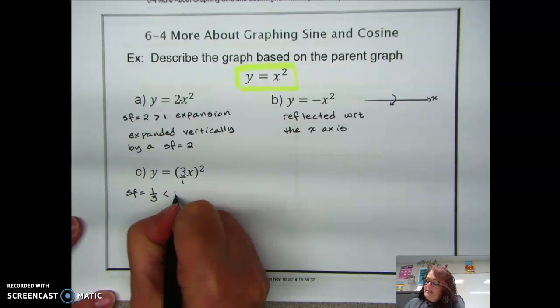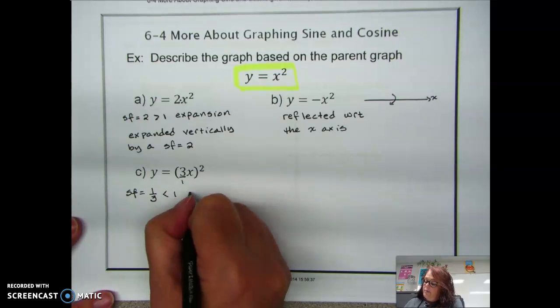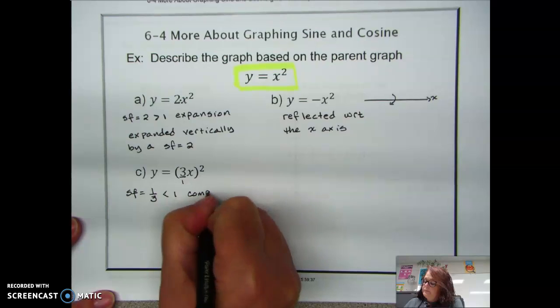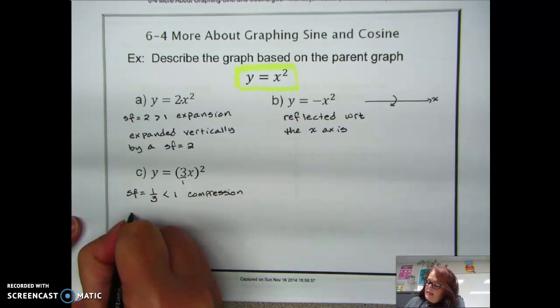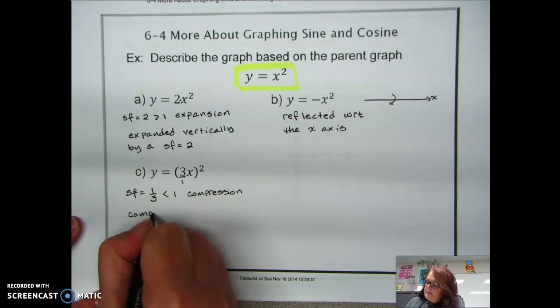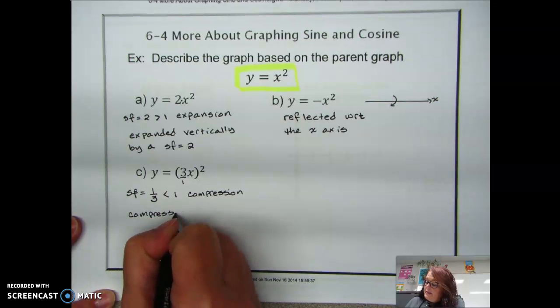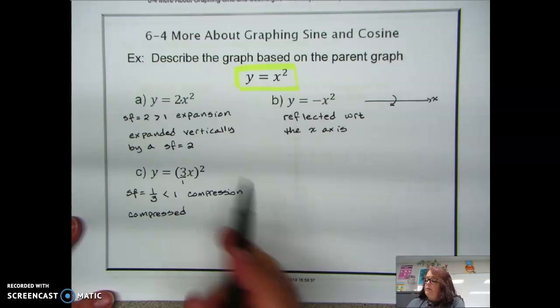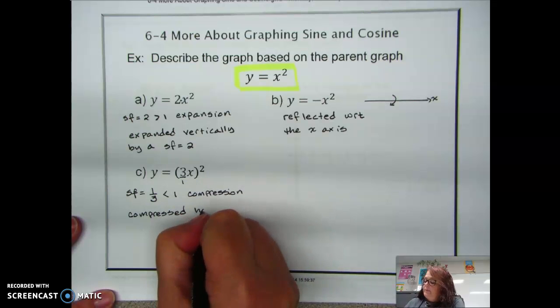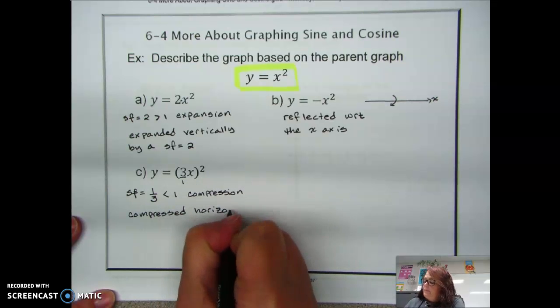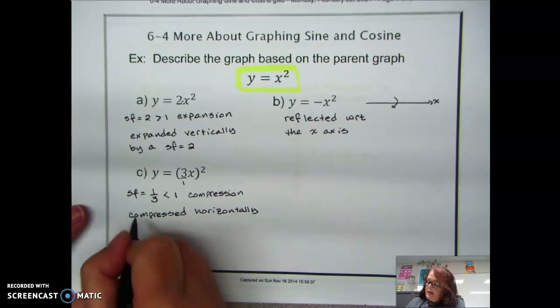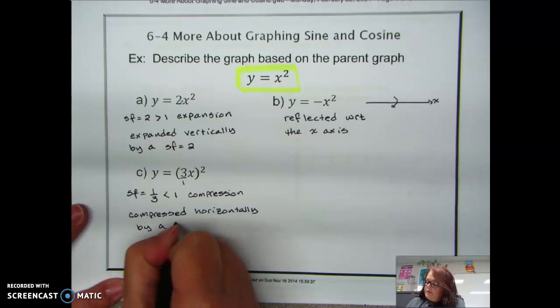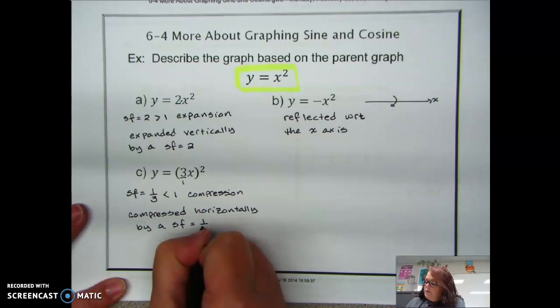And since that's less than 1, we're going to call that a compression. And so we're going to say that it's compressed, again, because that was less than 1. And then it's going to be horizontally, because it's inside the parentheses. And then we would say by a scale factor of 1/3.